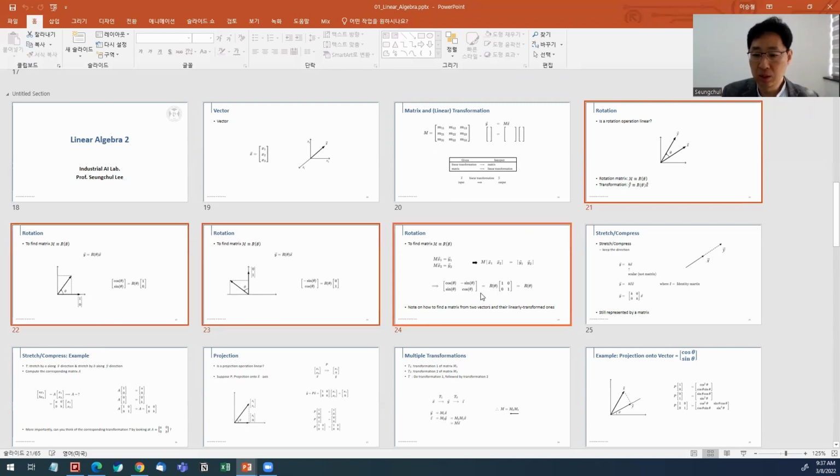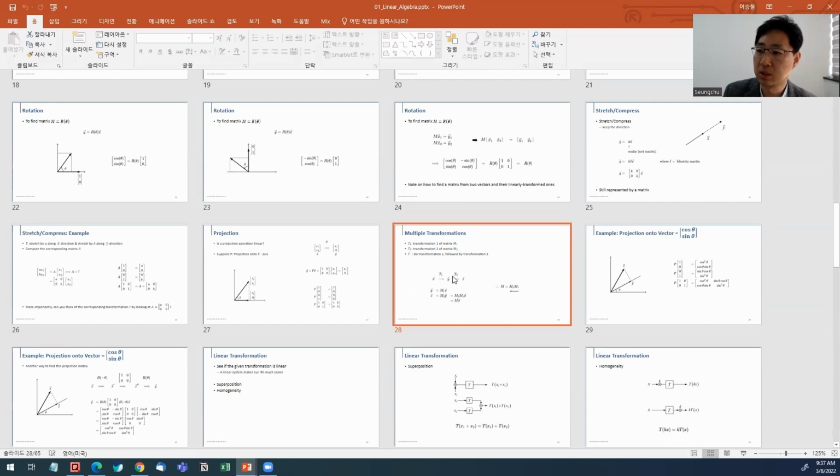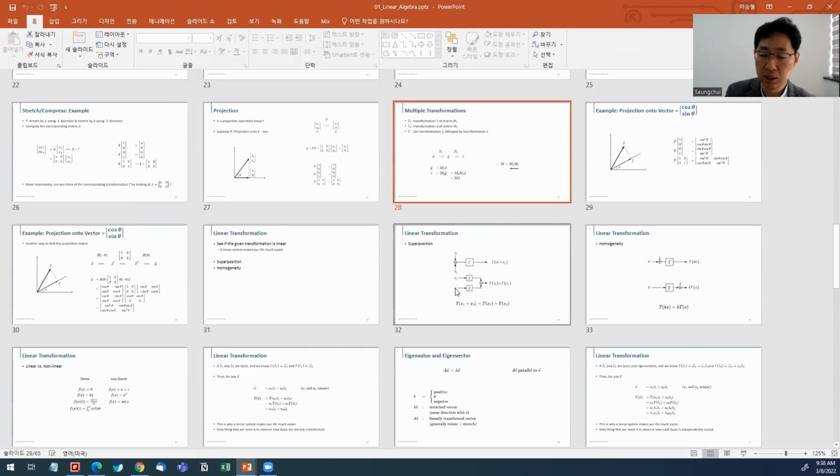So here, as you can see, these are the corresponding matrices that represent the rotation transformations and the projections as well. And here are the multiple transformations. Whenever we have a sequence of linear transformations, it will be represented by multiplication of matrices, right?